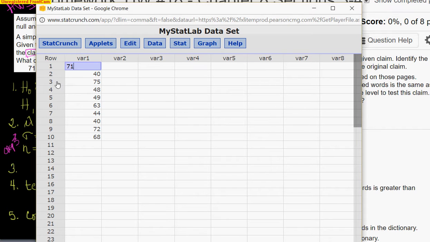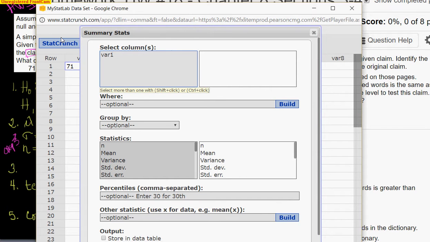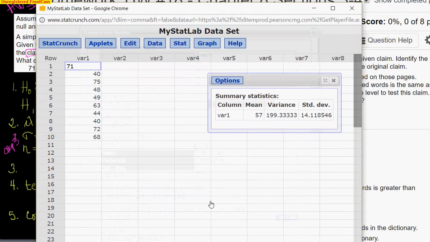You go back to chapter 3 StatCrunch tips. You will remember that to find mean and standard deviation, we open Stat and then Summary Stats, Columns. Our data is in var1, and all we really need for this one is the mean and the standard deviation. So let's compute that. And here we go. We've got a mean of 57 and a standard deviation of 14.12.